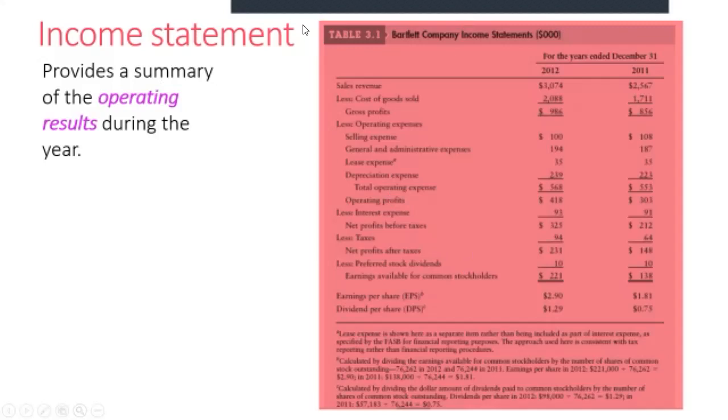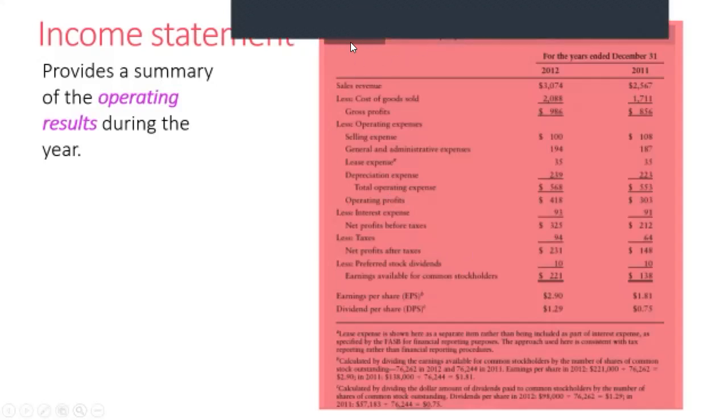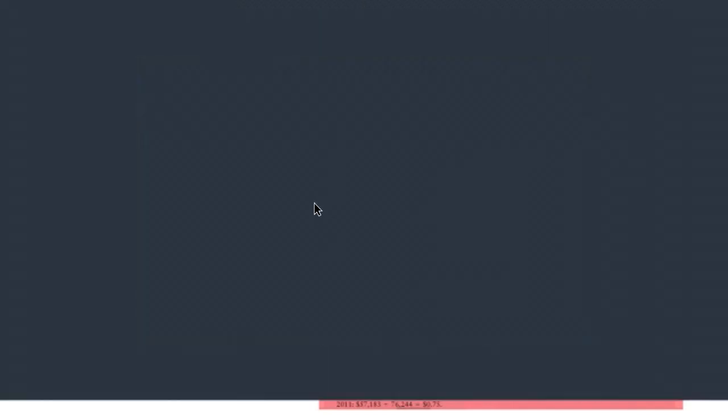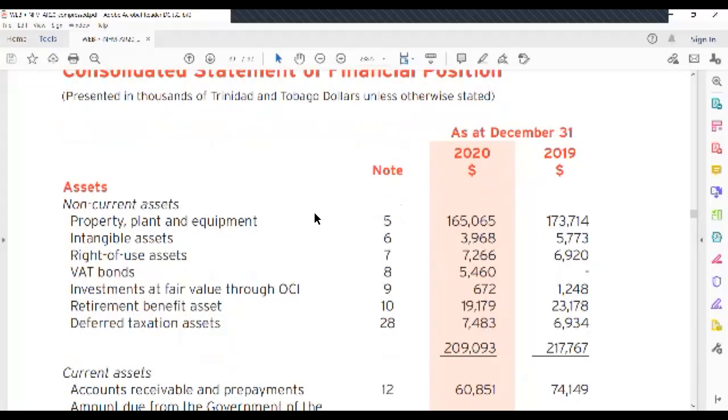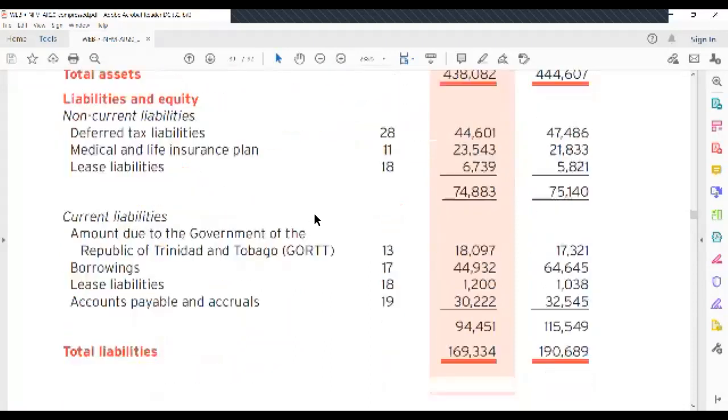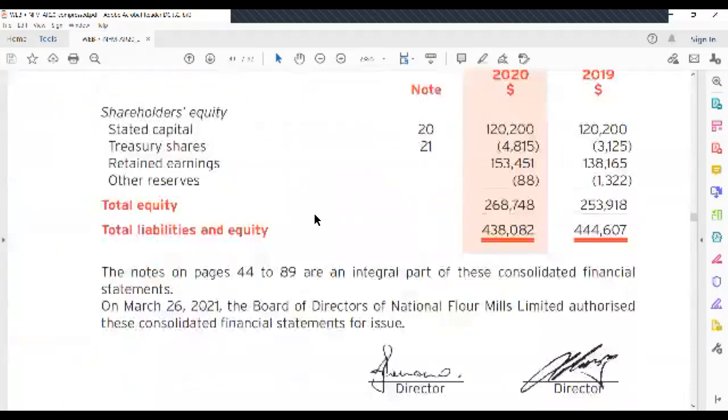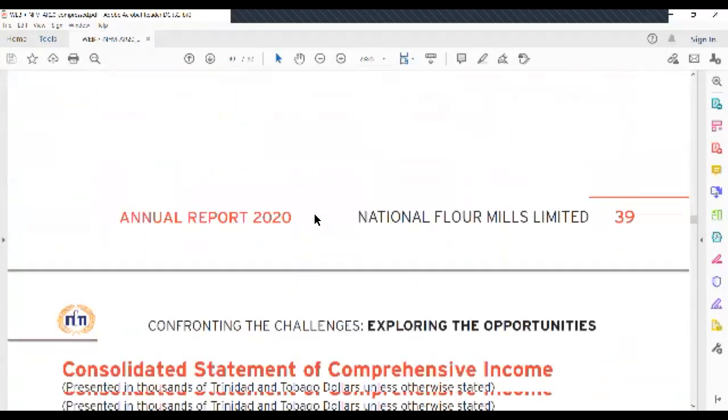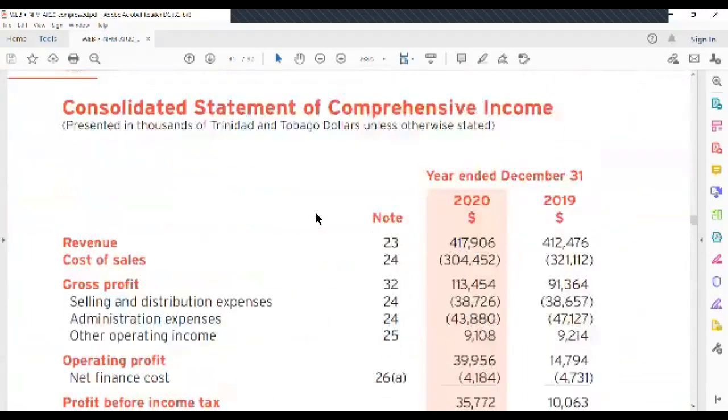So moving back to NFM, let's look at the statement. National Flour Mills. We have their income statement as the second one, or statement of comprehensive income.